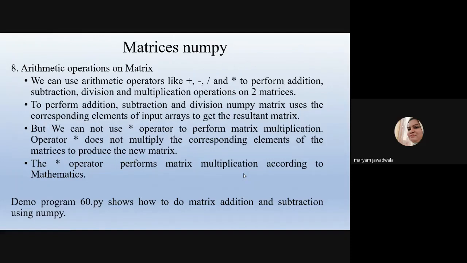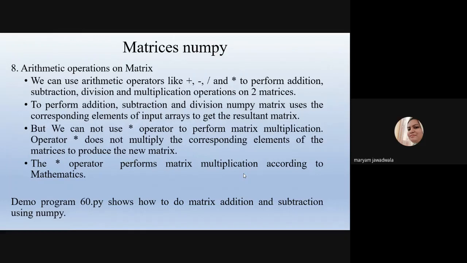The number of columns of the first matrix must be equal to the number of rows of the second matrix. Then only the system will perform the multiplication. Otherwise, the system will give us an exception, an error that the multiplication cannot be performed, right? So this is one rule for multiplication.